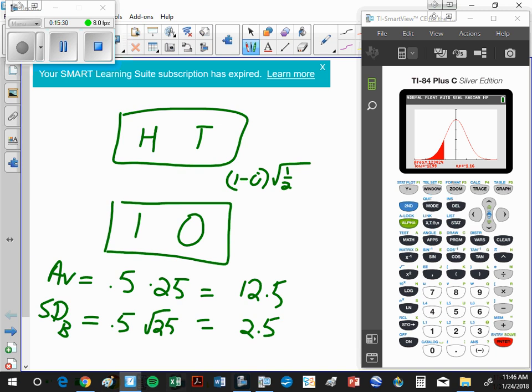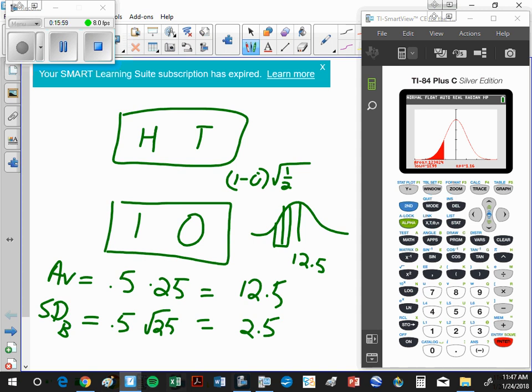So the expected value is 12.5, and we want to know exactly 12, right? Do I need to count edges? Yes. Why? 25 is small, but there's another reason why I have to count edges. Exactly 12. Right?